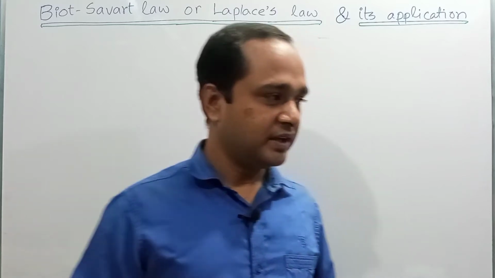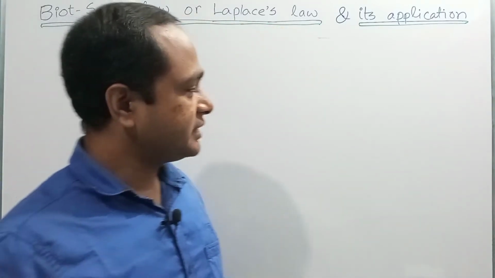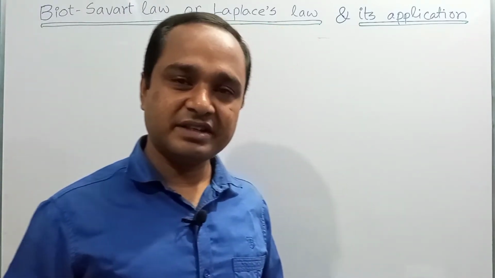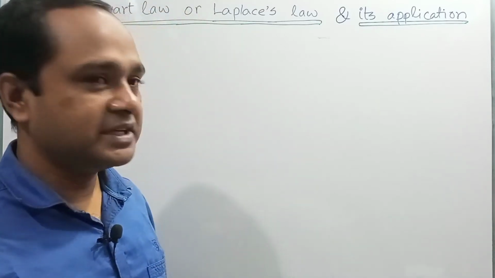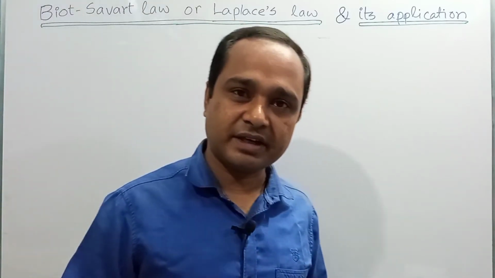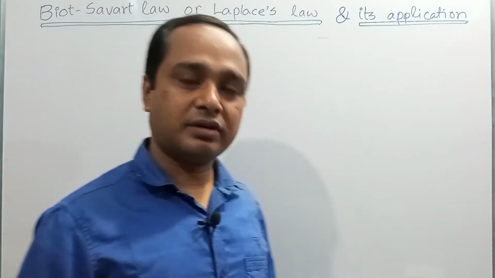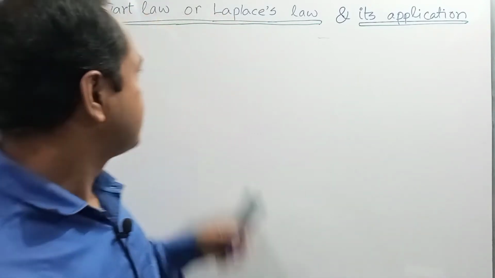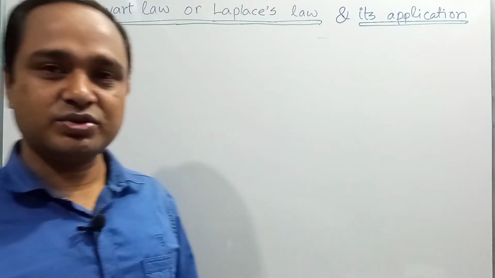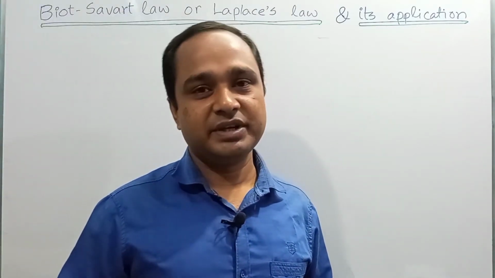You know it. So to determine the magnetic intensity or the magnetic field created by the current carrying conductor, scientist Laplace gave a law, and later on scientists Biot and Savart in 1820 experimentally verified the law.